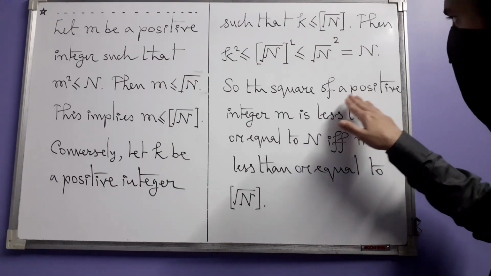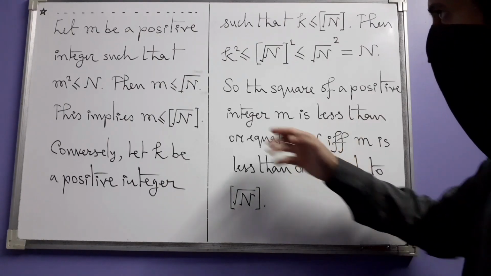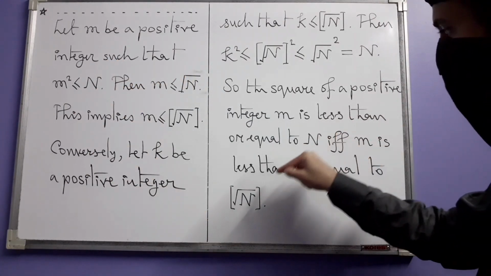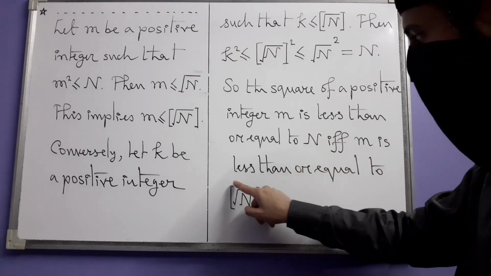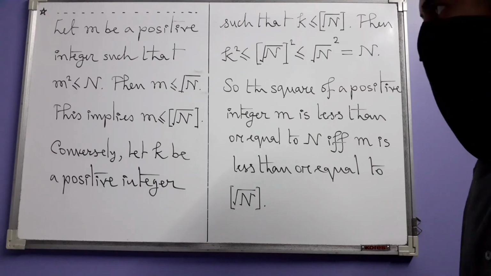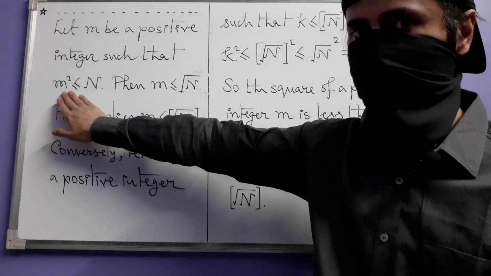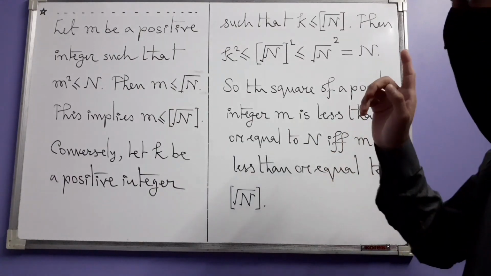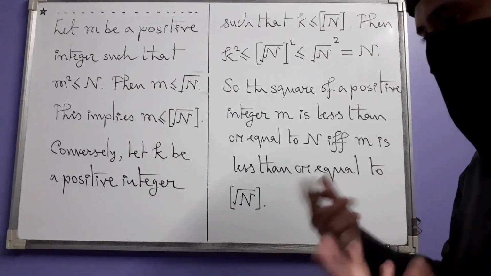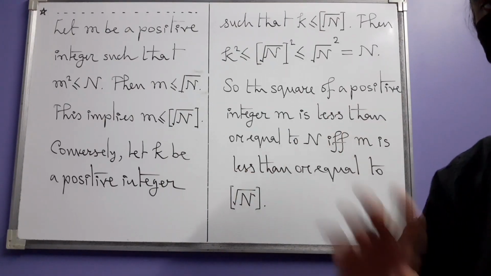So the square of a positive integer m is less than or equal to N. That means this happens if and only if m itself is less than or equal to the greatest integer value of root N. That means the type of numbers m squared which will be less than or equal to N is such that m should be less than or equal to this value.